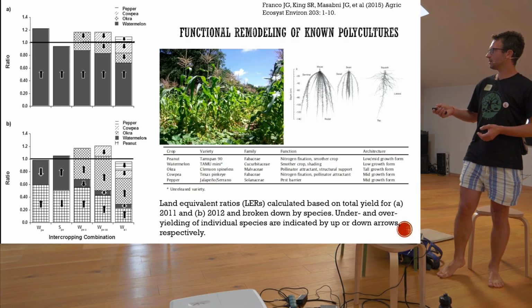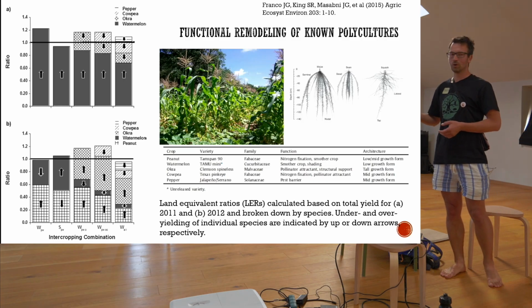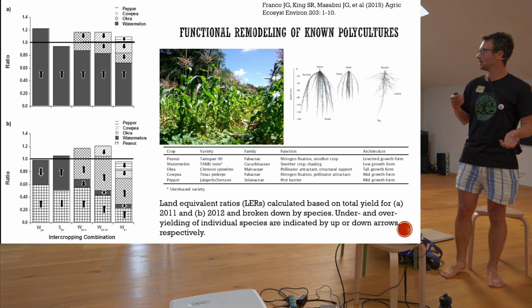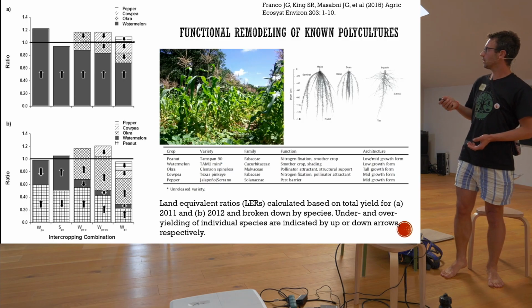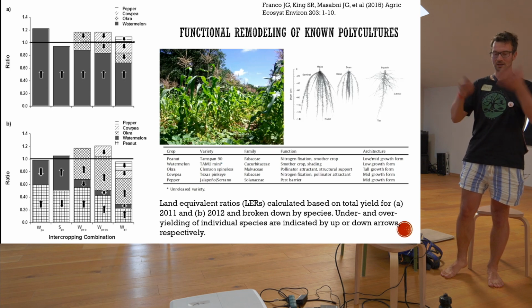And here I show the results of two consecutive years, and you see that the productivity of all these crops in the system is not constant. If I remember correctly, it's only okra and watermelon that have high productivity despite the climate, dry or hot.